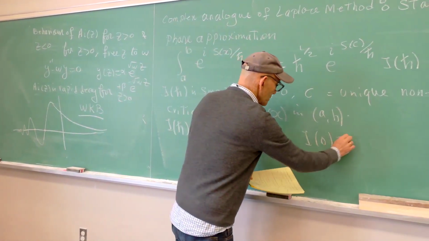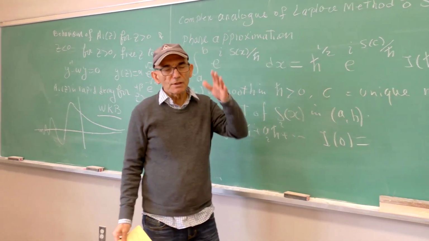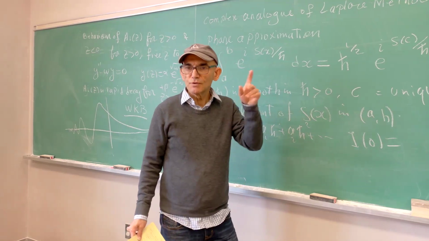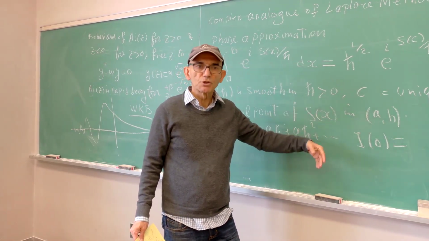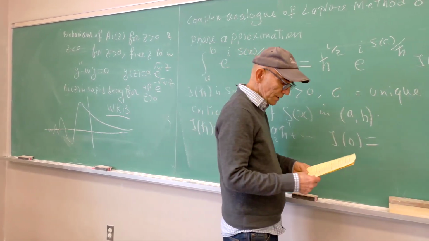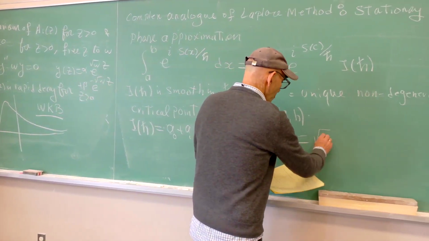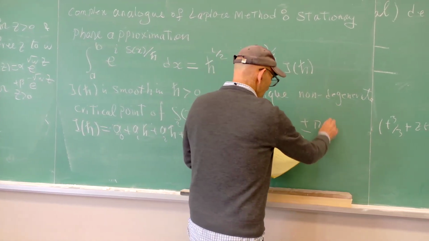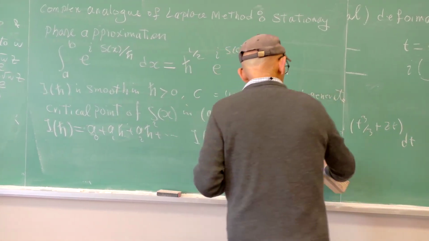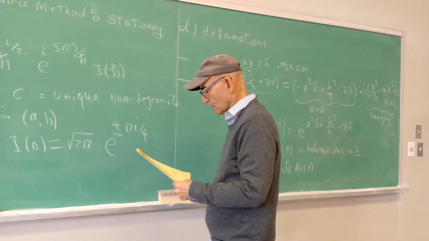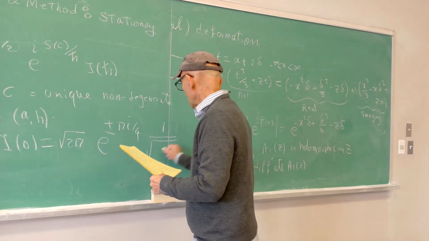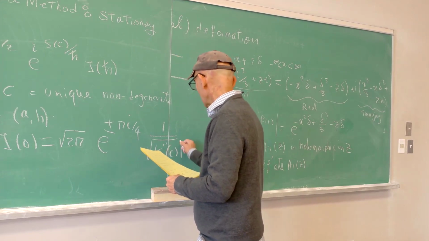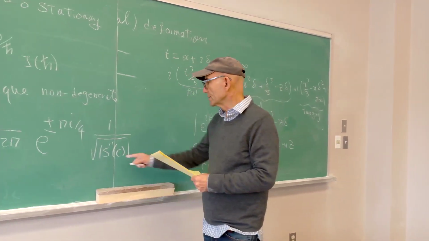Remember in the real case, where we had a minimum with second derivative positive, it had to do with the square root of the determinant of the Hessian at that point. There's a similar expression here. So I of 0 is equal to root 2 pi, e to the plus minus pi i over 4, times 1 over the root of the absolute value of the second derivative at c, the Hessian of the function at the critical point.